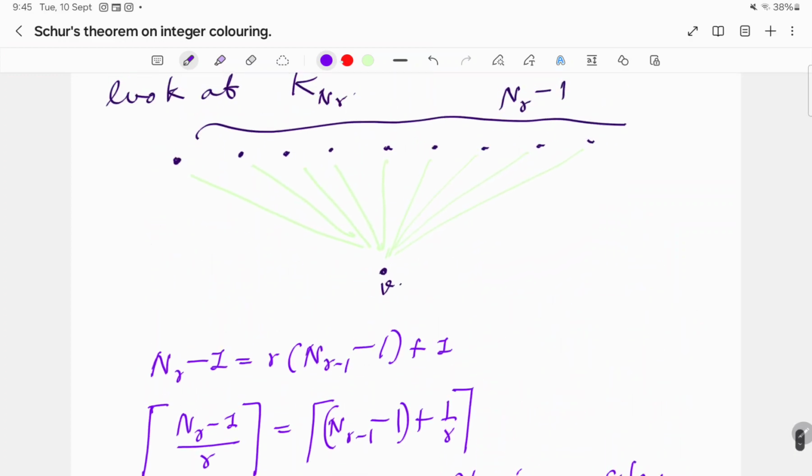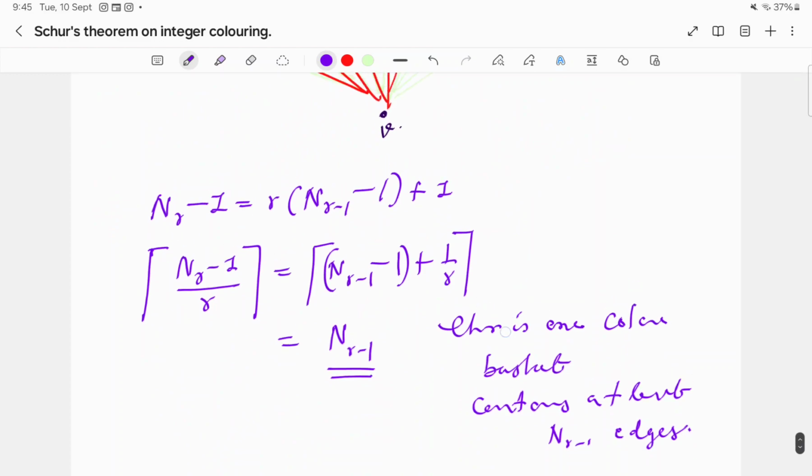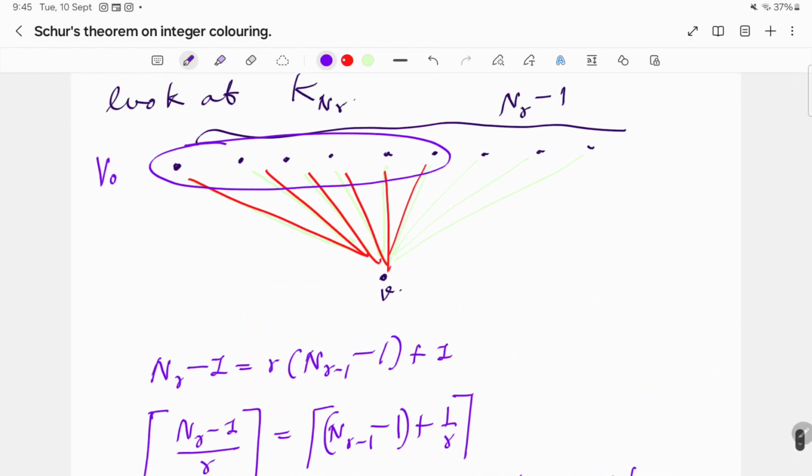So I assume this is to be red. Then I get a collection of vertices, let me call it V0, which are incident to those red edges. And if there is an edge inside this V0 which is red, then I have a monochromatic triangle.